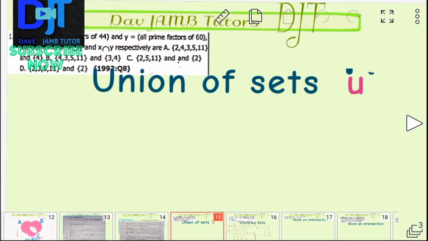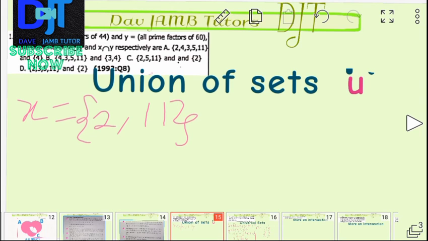The prime factors of 44 are 2 and 11, because they are numbers that make up 44 and are only divisible by themselves and 1. So that's x.